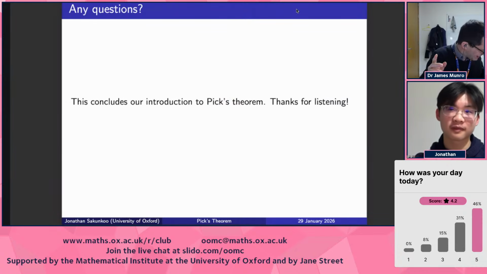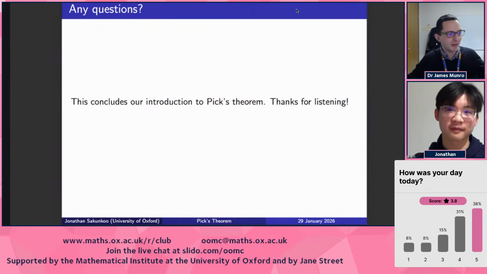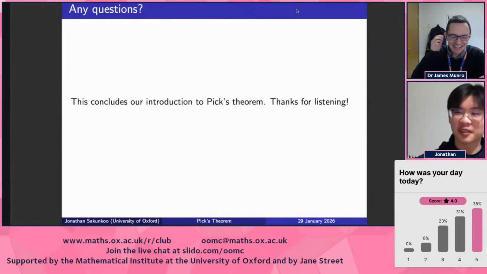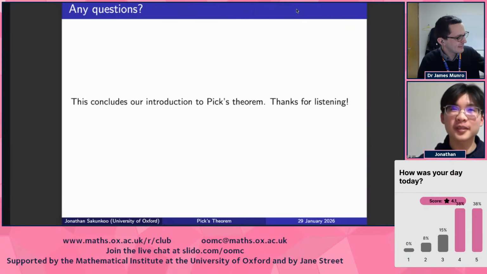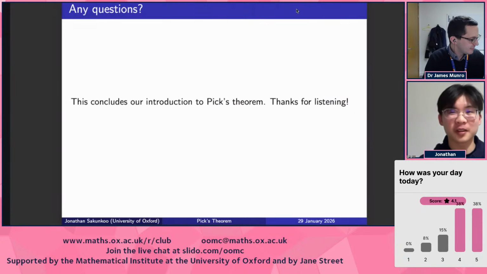There are several things we've mentioned that I want to link people to, like Euler's theorem, characteristics and topology and other stuff. Is there anything you would like them to look up if they enjoy this and want to see something related? What should they do next? That's a really good question. Pick's theorem feels like a standalone result, but I think the most relevant ones have already been mentioned.